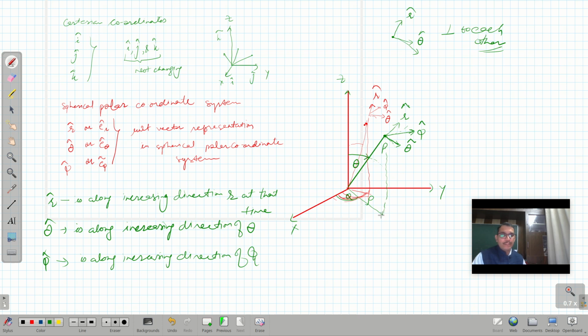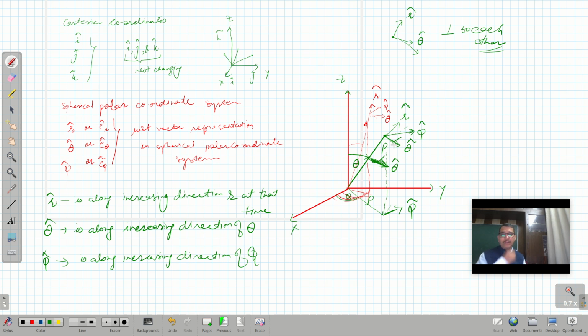If I bring it parallel from here to here, then it is also phi cap. It is the increasing direction of this one, and theta cap is this way. So it is parallel to this point, and at this point it is parallel to this point. This and this both represent theta cap, and this direction represents phi cap.